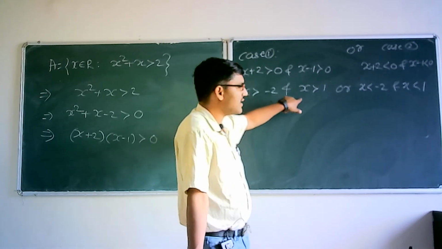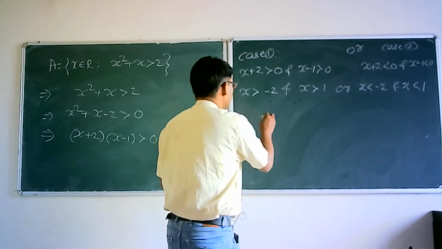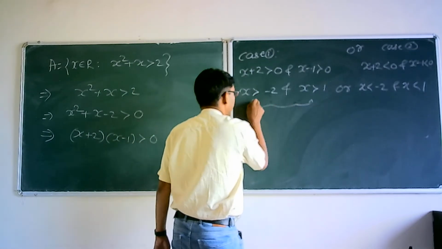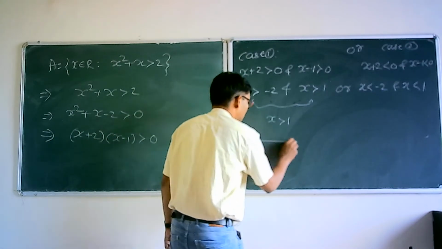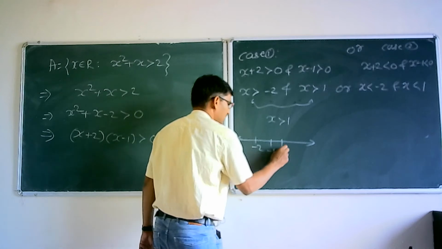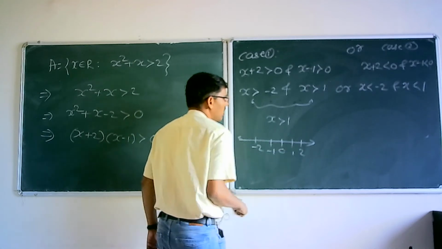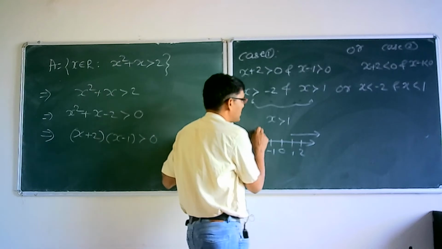If x > 1, then obviously x > -2. So what is the solution of this? Here x > 1. If you don't understand, I am writing here, suppose here -2, -1, 0, 1, 2. x > 1 means this side, and x > -2 means this side.